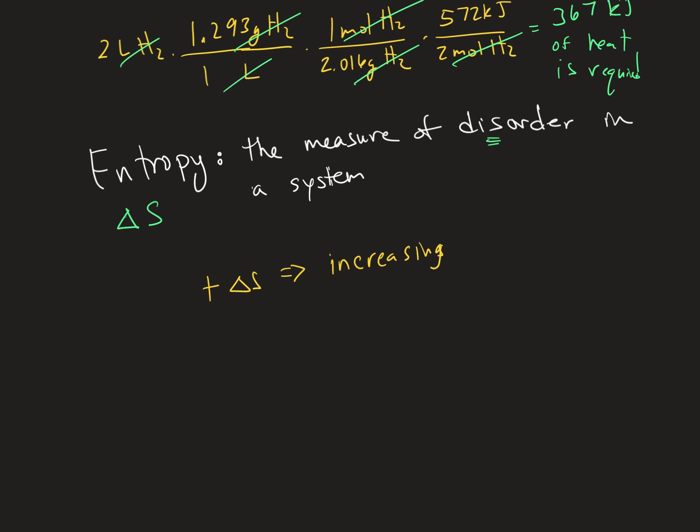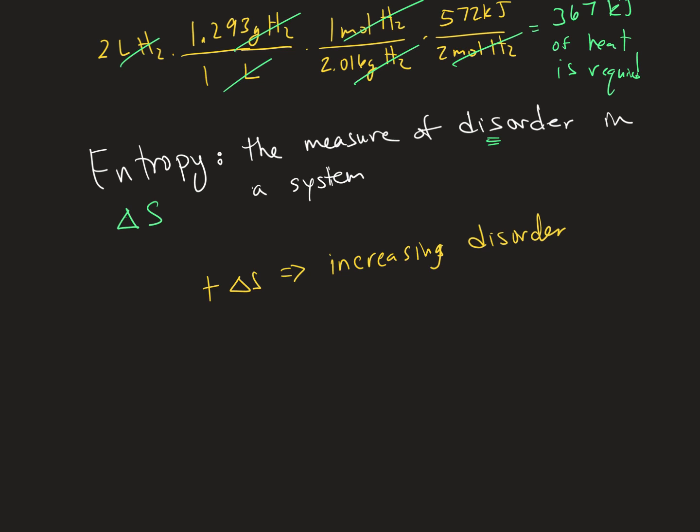So positive, increasing, right? Increasing disorder. Now that sounds like a negative thing, disorder, right? It's making it less wonderful. But it's increasing the disorder, so we call it positive delta S. Do you see how this might confuse you? So just remember, delta S is the measure of disorder. So positive is increasing disorder. Good?